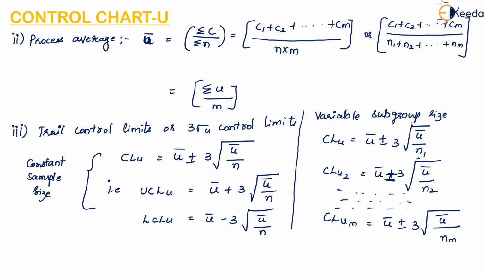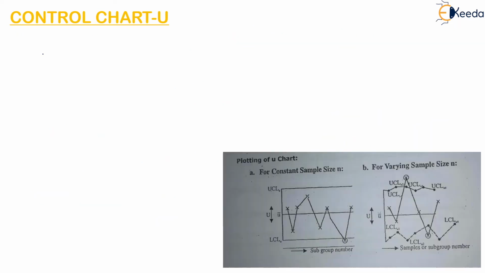So plotting of the U chart. So here for constant sample size, see here there is a U chart which is plotted here, and here for variable sample size there is a U chart which is plotted here. For variable sample size, for each sample we will have different UCL, and LCL also will be changing with the sample size.